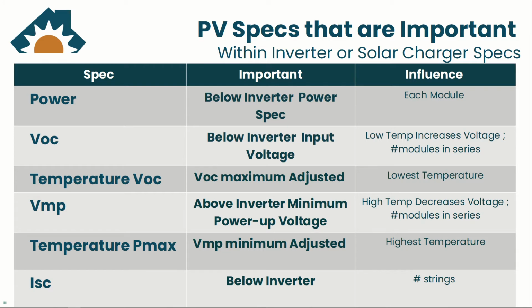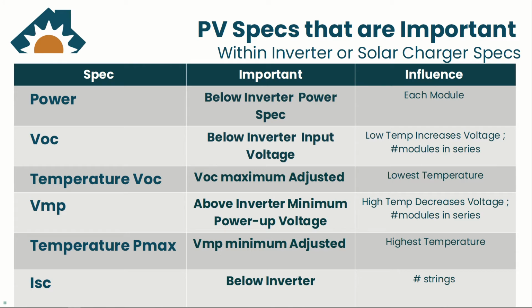The VMP, or sometimes it's called the VPM, or I've seen it also the VMPP. Confusing, right? It's lower than the VOC. And this is the operating voltage. Because voltage fluctuates with temperature, you need to calculate what the lowest voltage may be to ensure that it's within the inverter's minimum MPPT voltage for best performance, in my opinion.